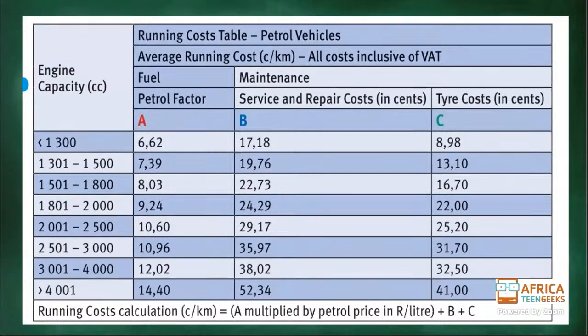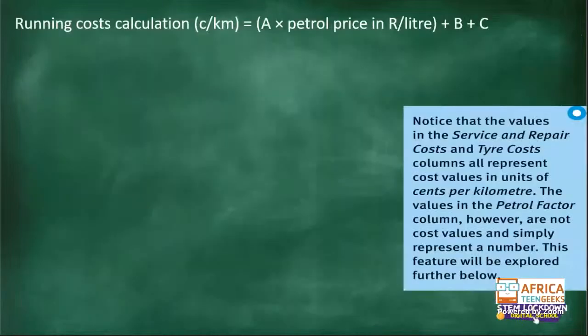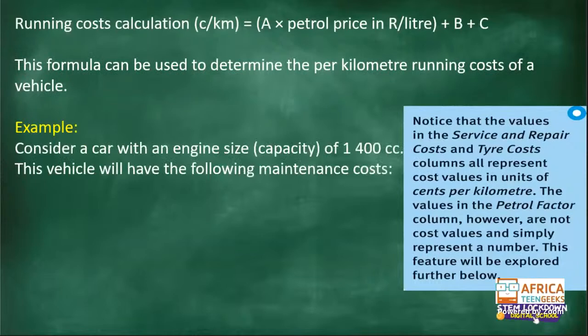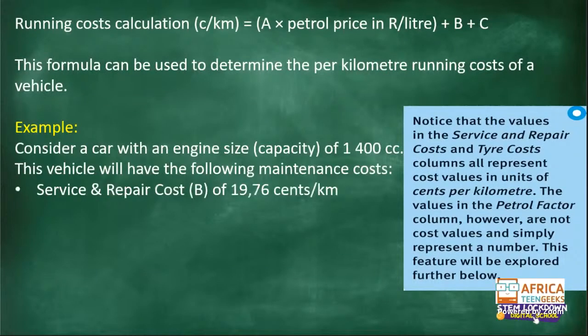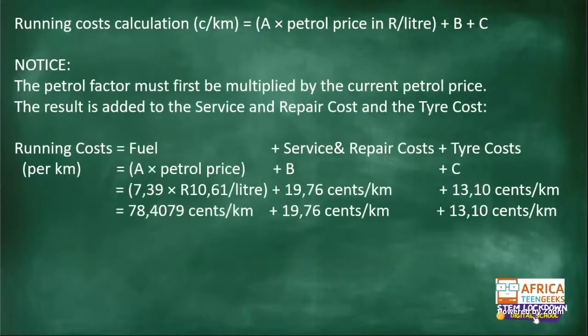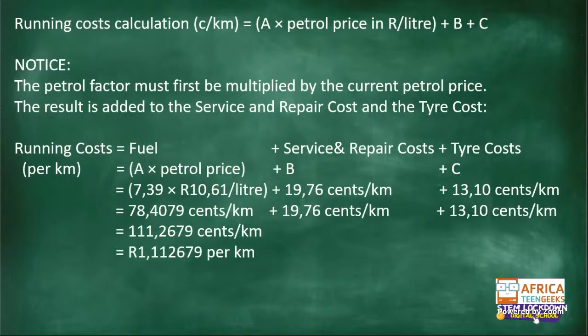And of course, that will be in cents. So since it is in cents, then of course you can now divide that by 100. As we did with the previous one, you can see in this example where we had 111, and then we divided that by 100 to get 1 rand and so on.